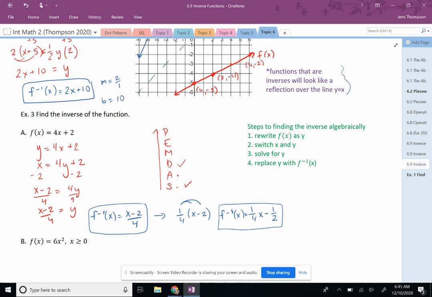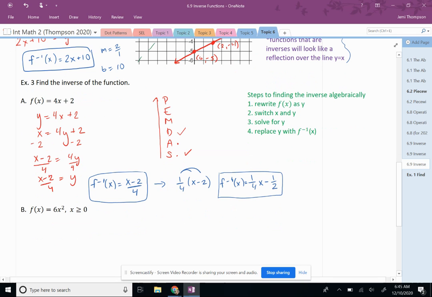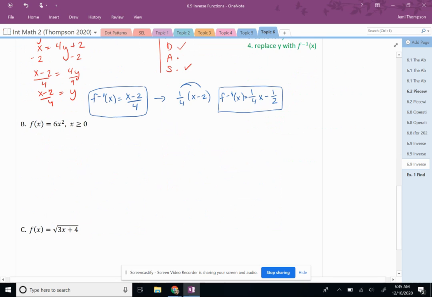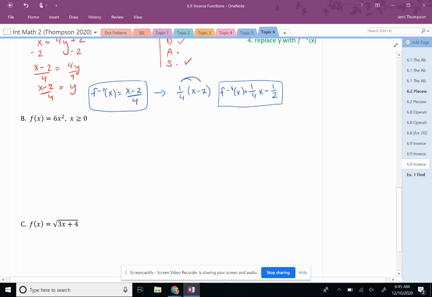All right. So here, for my function b, f of x equals 6x squared. I'm going to drag this over.